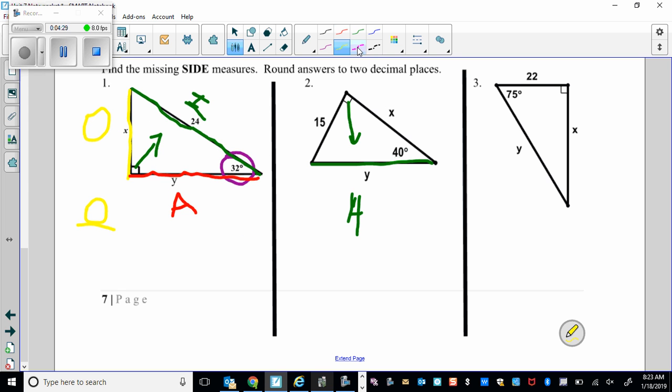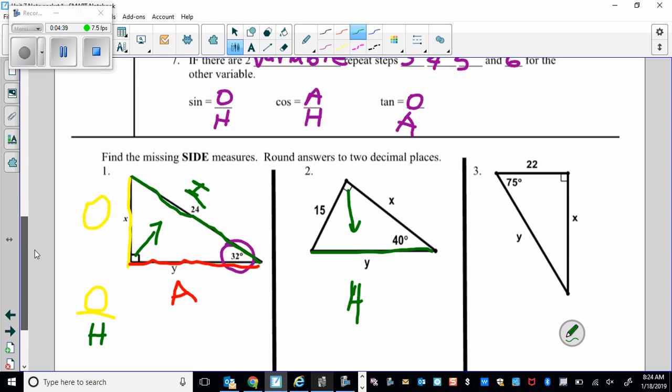I have to use the other number: 24 is the hypotenuse. I want to solve for x, the opposite side, and the hypotenuse is given. Which trig ratio has O and H together? Good job, sine. So I'm going to use sine.